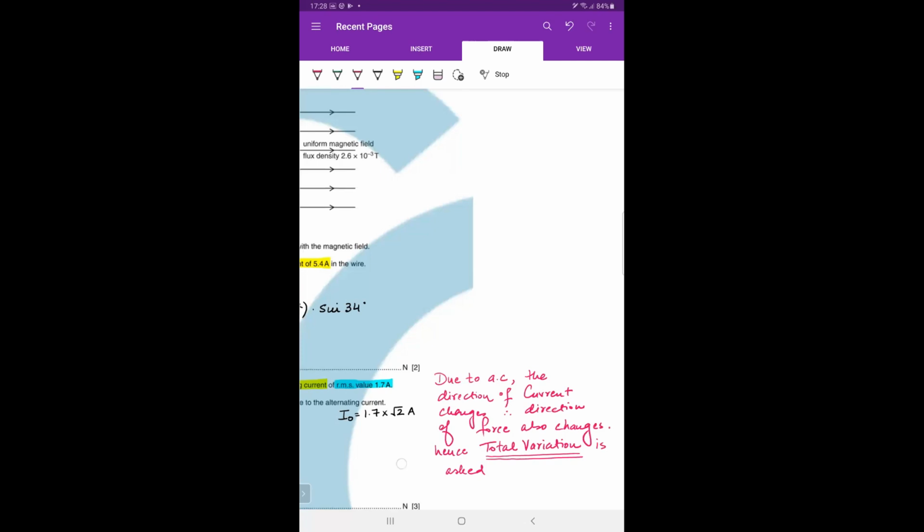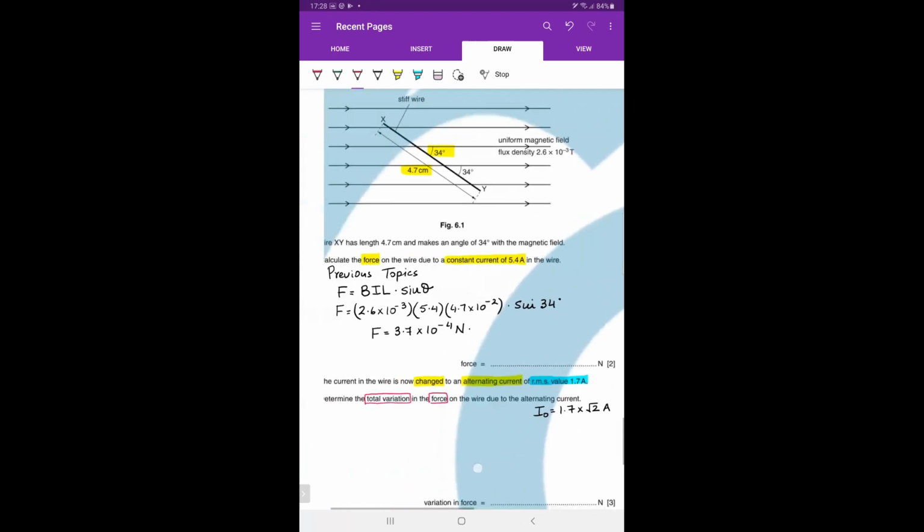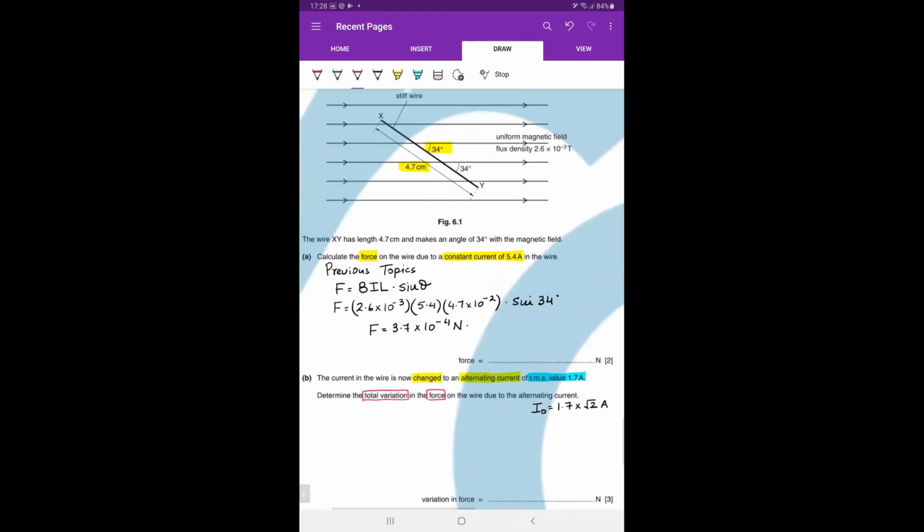अच्छा, अब कैसे calculate करेंगे? So I'll apply the same formula जो मैंने ऊपर लिखा हुआ था. And तकरीबन most of the values will remain the same with the exception of a few things. So as far as B is concerned, I can just copy down the value from the top.